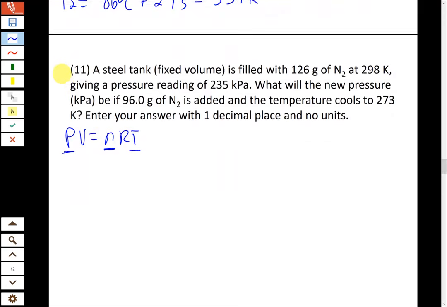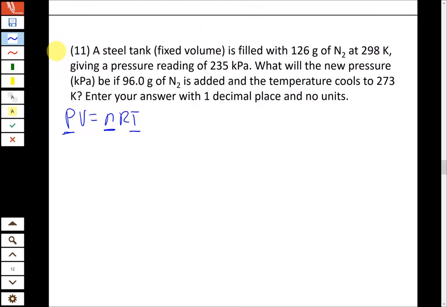And then same story here. We can define our starting and ending point arbitrarily, but I'll say that initially this is our temperature and pressure, and then we get the number of moles from that, and then the new temperature and the new number of moles are our final conditions. In this problem we have those three things changing, so we move them all over to one side.